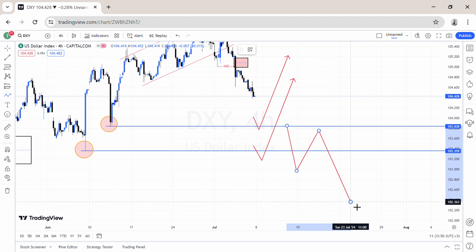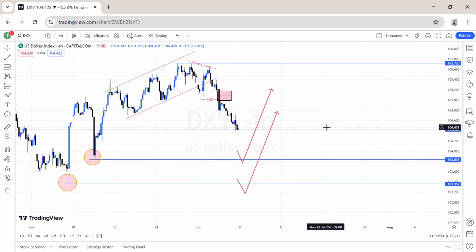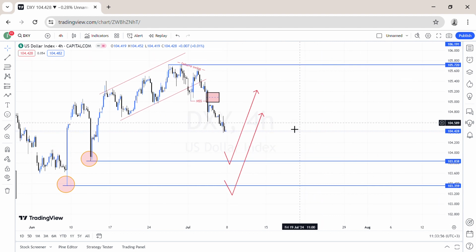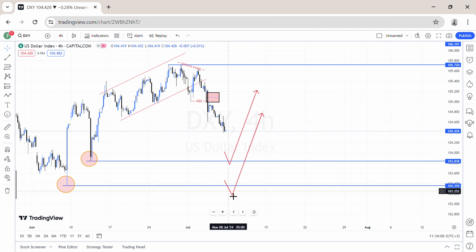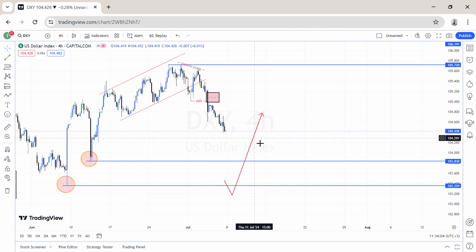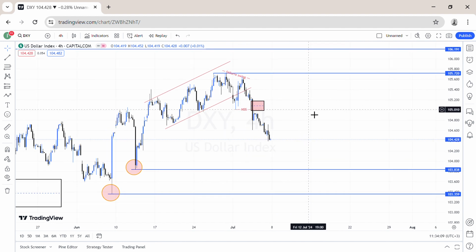We'll focus on the price action detail when the price gets to these zones. But before it gets there, we are going to be bearish. So that is for DXY.